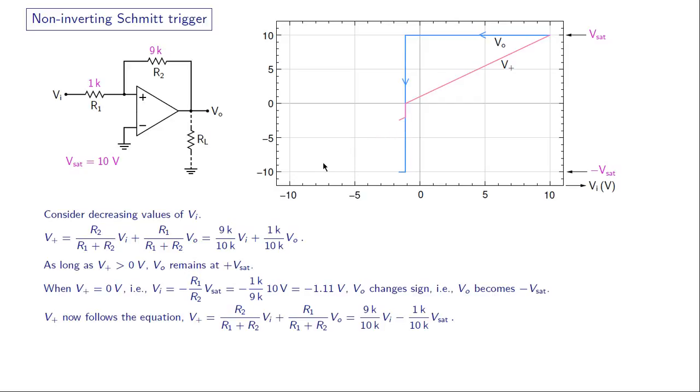It will become more and more negative as Vi is decreased. If V plus continues to be negative, that is less than V minus, Vo will then continue to be minus Vsat, and we would expect Vo to stay at minus Vsat.